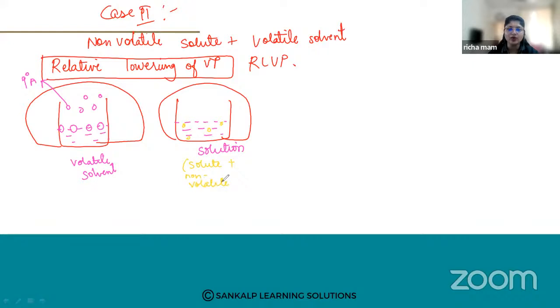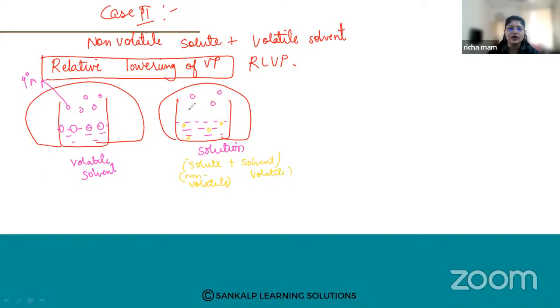Non-volatile means they will not form vapors. And the solvent is volatile in nature, and this will produce vapors, right? As the solvent is volatile, only the solvent will produce the vapors.